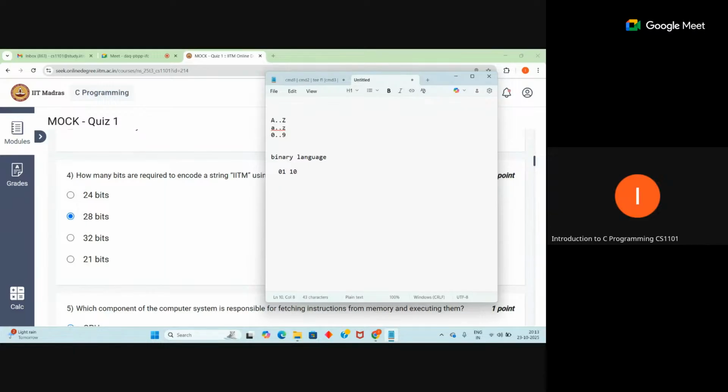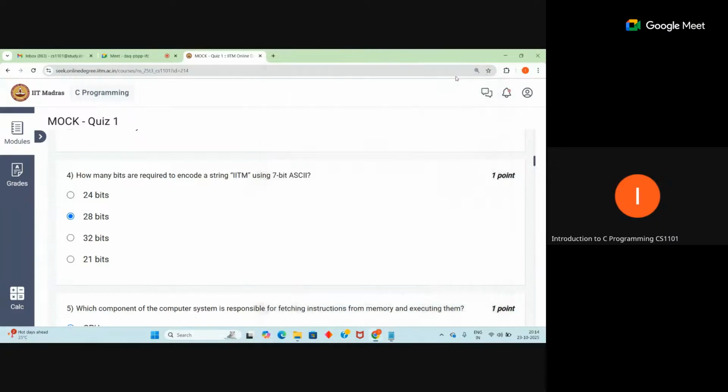So to convert the language which we are using into the language which can be understood by your computer, some translator will be there in between, which will translate the characters which we are giving into a binary format using some code. That code is nothing but this ASCII code.